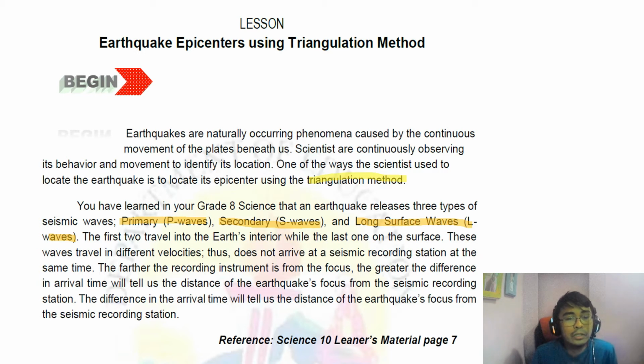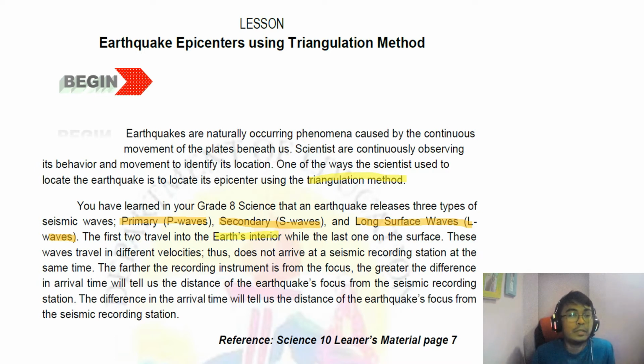The first two travel in the Earth's interior, while the last one is on the surface. So based on that, we will just consider the first two types of seismic waves, the P waves and the S waves, since the last one propagates on the surface of the earth.